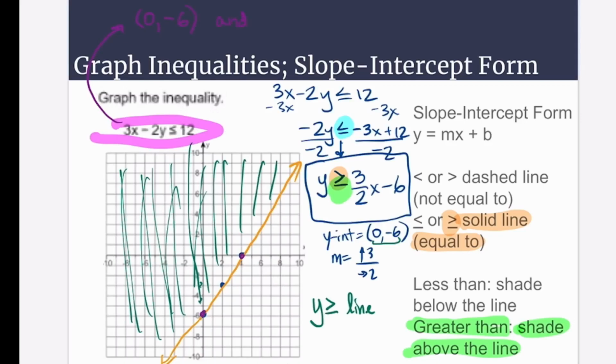And if you plugged in 0 for y, the x value you would get is 4. So you can actually plot those 2 points, the 4 and the negative 6, connect that line using these rules, and then shade it using that as well.